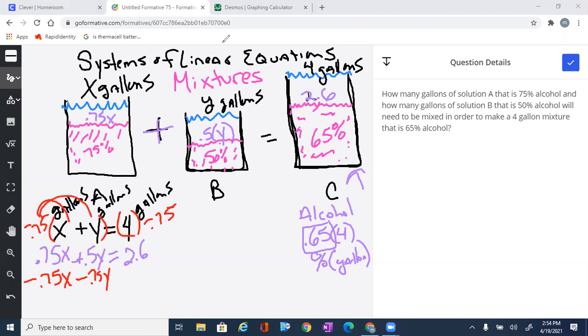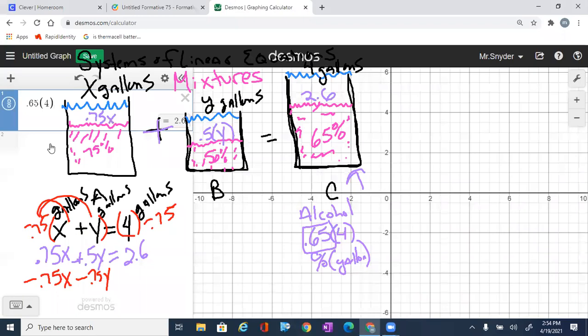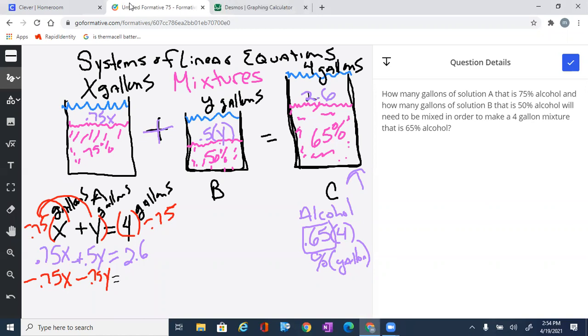And then we're going to take 4 times negative 0.75, which is really easy, but I'll type it in for you anyways. Negative 0.75 times 4 gives us negative 3, and that is equal to negative 3.